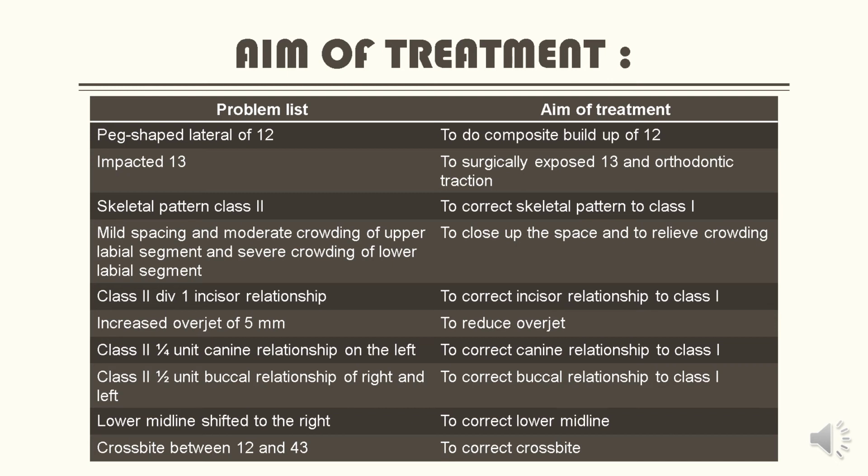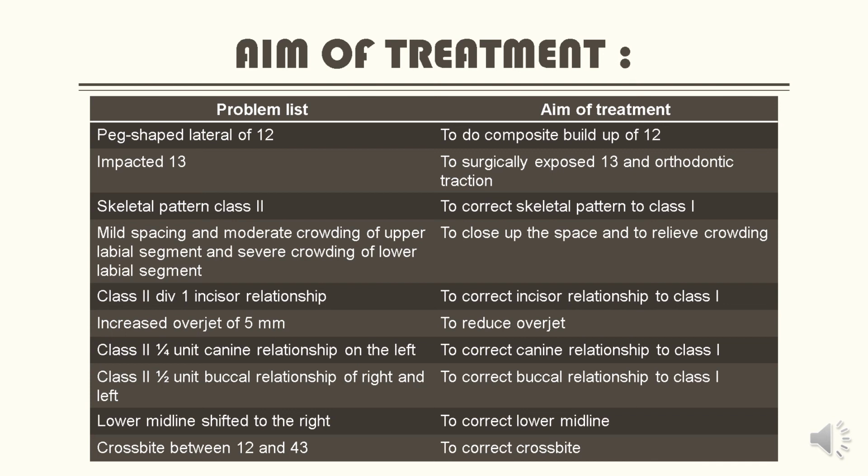This is because there are a few criteria to determine whether we can do this treatment or not. The first one is we have to see the position of the impaction of 1-3. In this case, the impacted 1-3 has a favorable position in the anterior-posterior position. The 1-3 is far from the midline, so it is easier to do the treatment.